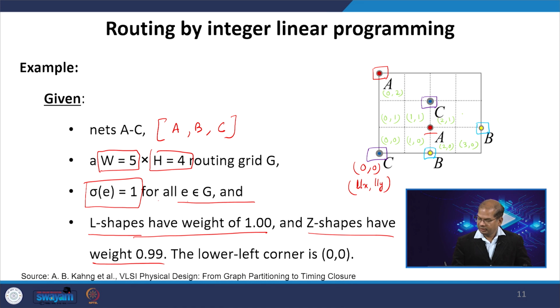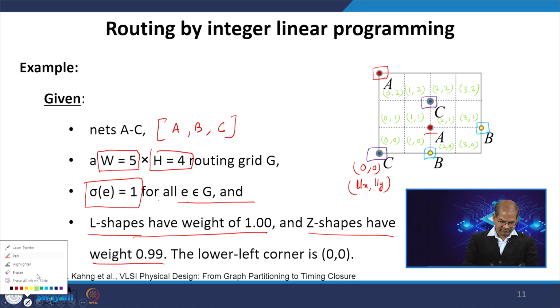This will be x coordinate 3, y coordinate 1. Now, this will be 1 comma 2, and 3 comma 2. So, now this is the grid.